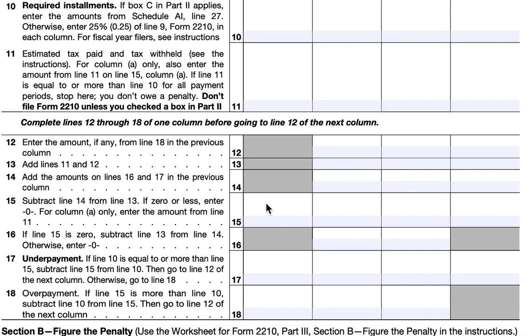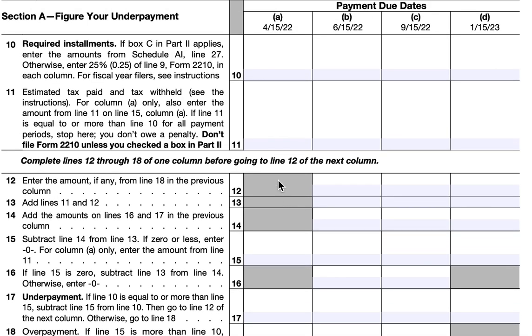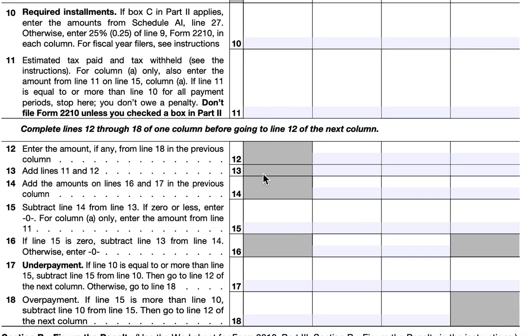So you start with line 15 and you would enter the amount from line 11. So whatever the amount is in this block for column A, line 11, you're going to drop that down into line 15, column A. If line 10 is equal to or more than line 15, then you're going to subtract line 15 from line 10.